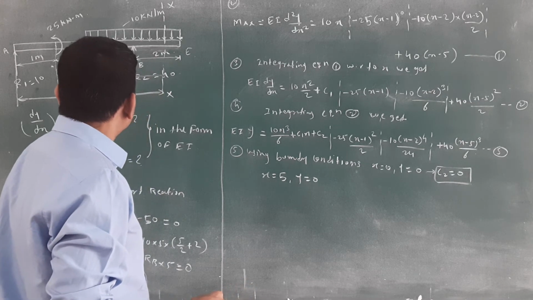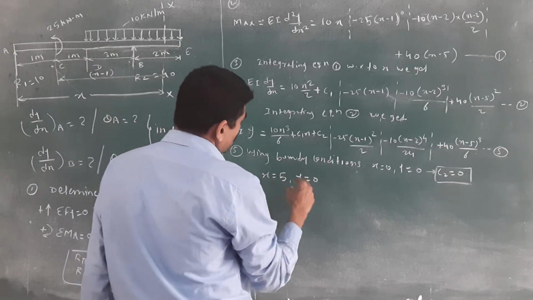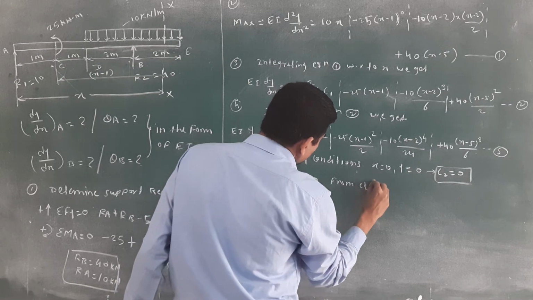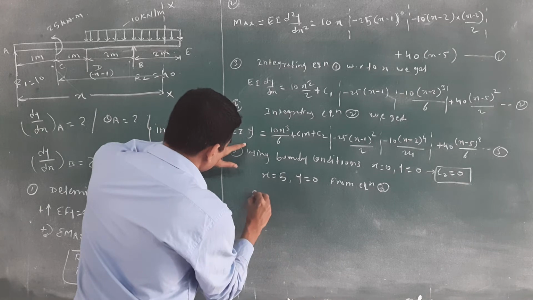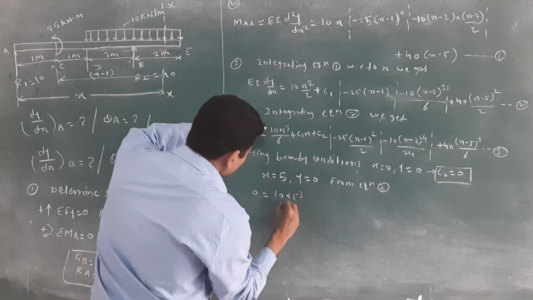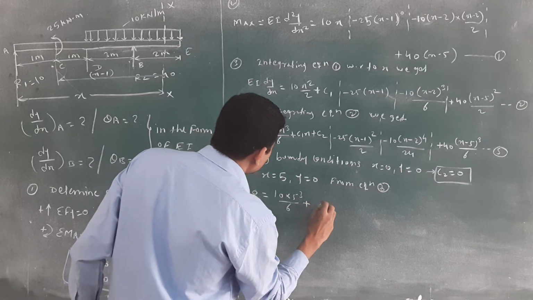Then put this value in that equation, equation number 3. In equation 3, we will give the value y is equal to 0. So 0 is equal to 10 into 5 cube divided by 6 plus C1.